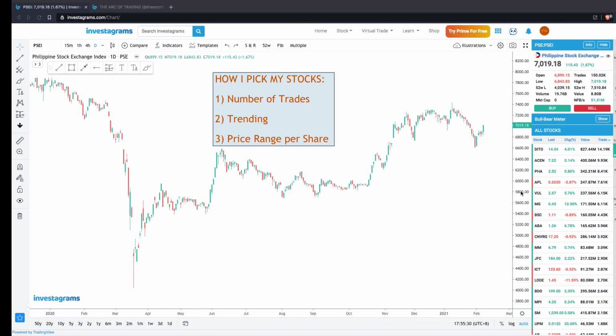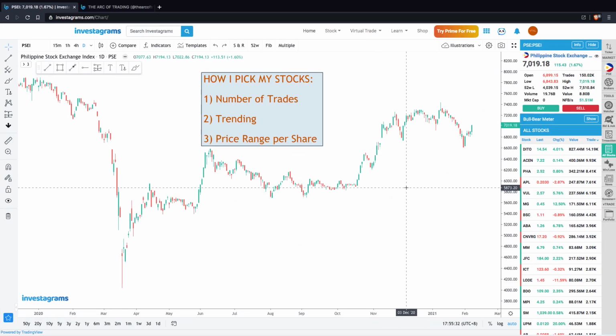So today we will be talking about how I pick my stocks. Basically, I look at three categories when I'm looking for stocks to trade. Number one, I keep in mind the number of trades that it has, and then I ask myself if the stock is trending among all the other traders.